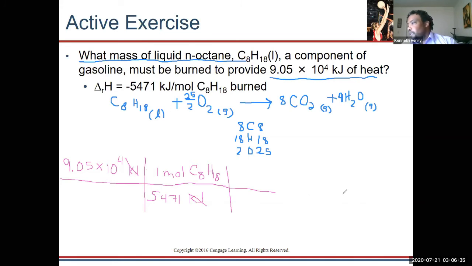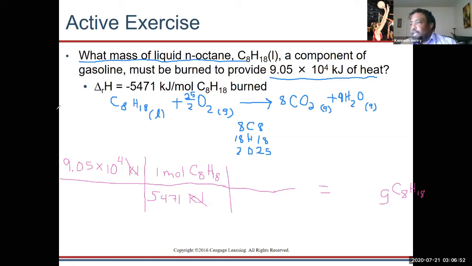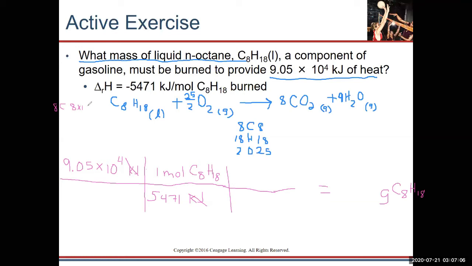And we want grams. So we have to calculate the molar mass of C8H18. So let's do it over here. We have C, 8 of them. 8 times 12. Plus H, 18. Do you want decimals?